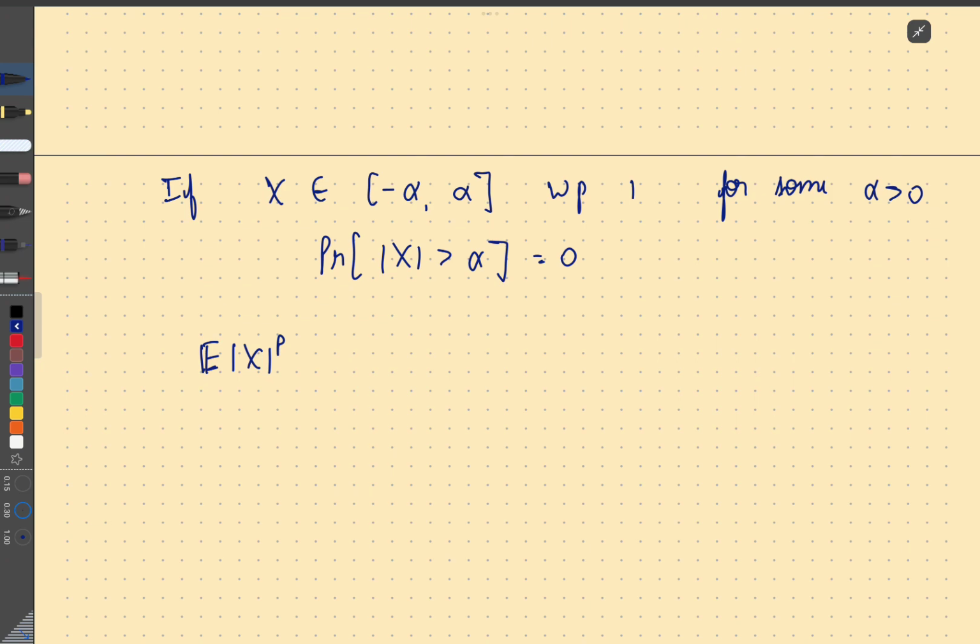Now I know that mod x is less than or equal to alpha with probability 1. So the expectation of mod x to the power p should be less than or equal to alpha to the power p, for all p greater than or equal to 1, which is also less than or equal to alpha to the power p times square root of p, because p is something that is greater than or equal to 1.